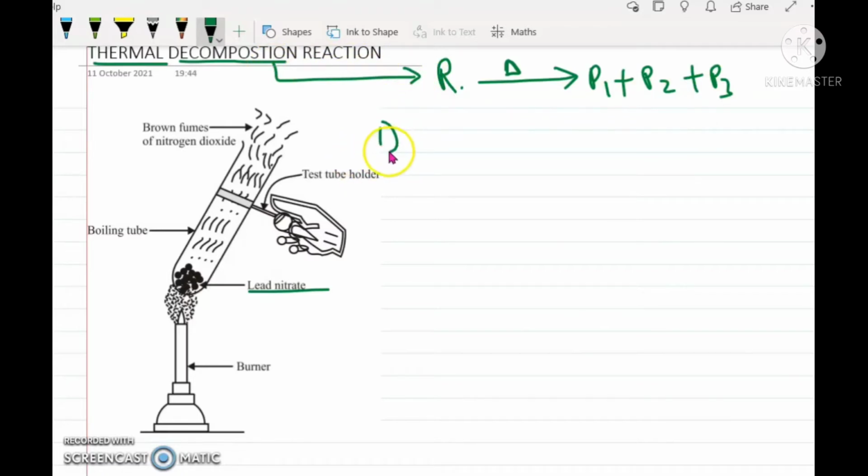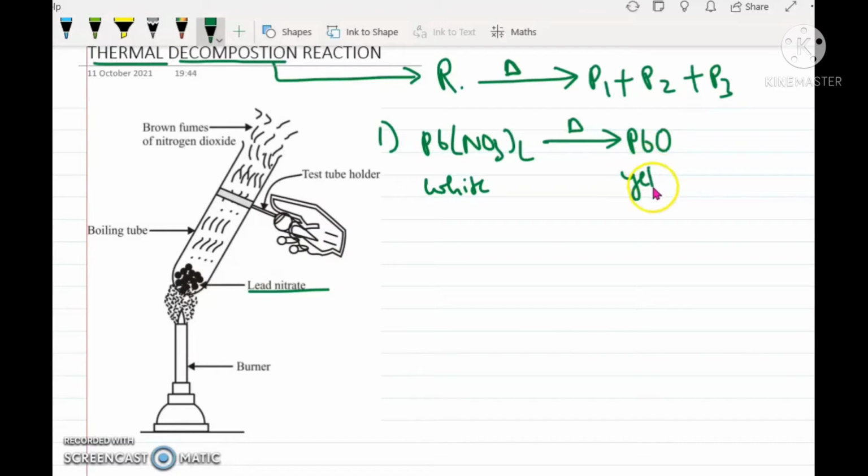One example of it is when in a test tube you take lead nitrate, Pb(NO3)2, which is a white colored powder. When this lead nitrate is heated in a test tube, you are left with many kinds of products. The products are lead oxide, which is a yellow residue you can see in your test tube towards the end of the reaction.